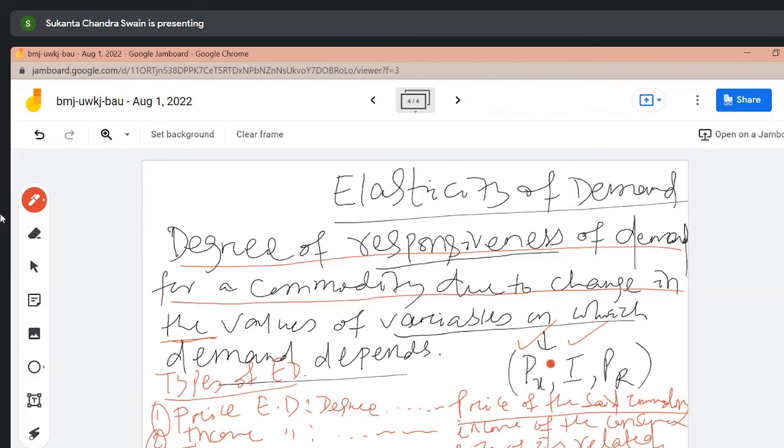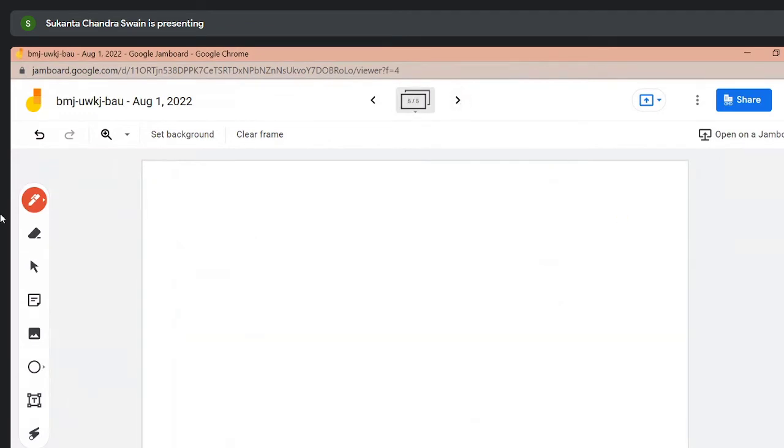So this is the definition of all these concepts: elastic demand, price elastic demand, income elastic demand, and cross elastic demand. Now we will explain these three in detail one by one. Out of these three, price is the biggest one, the first one. So now we'll discuss price elasticity of demand in detail.